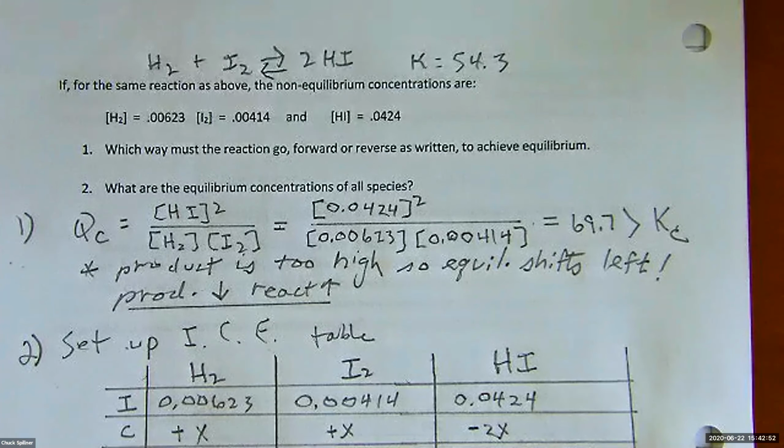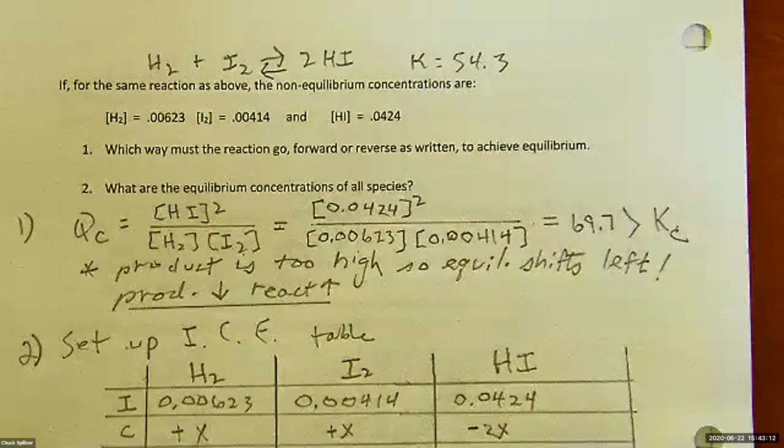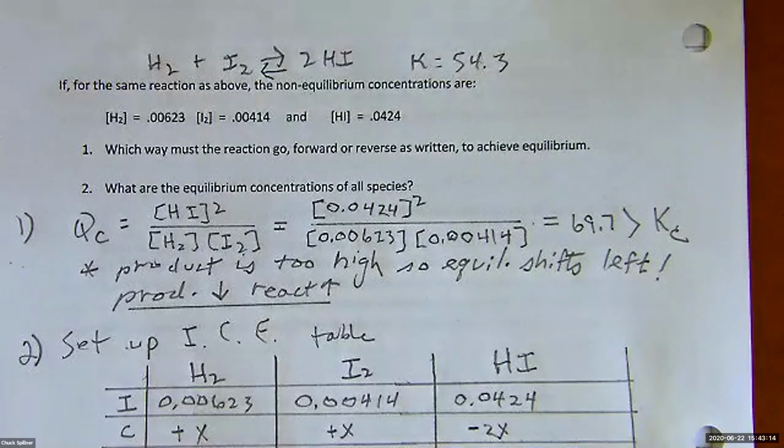Well, this question is a leading question. It gives you a hint of what you need to do. So we need to calculate Q. Remember, Q will tell us whether the reaction is going to go forward or backwards. Q has the same form as K. And remember, Q is equal to K only at equilibrium.